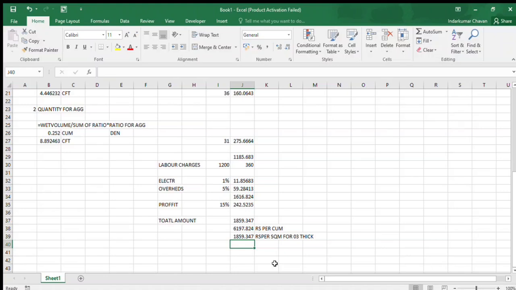So 1859 rupees required per square meter of 0.3 cubic meter thick concrete, right? Then if someone asks what is the rate per square feet, this divided by 10.764 and you will get Rs per SFT. So this is for M20 grade of concrete.